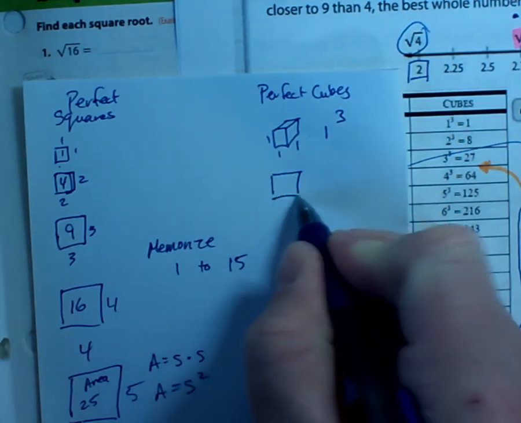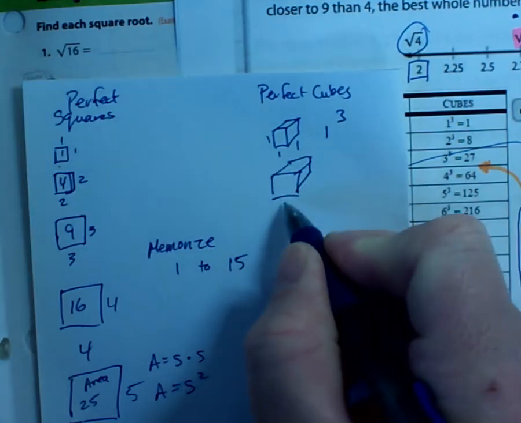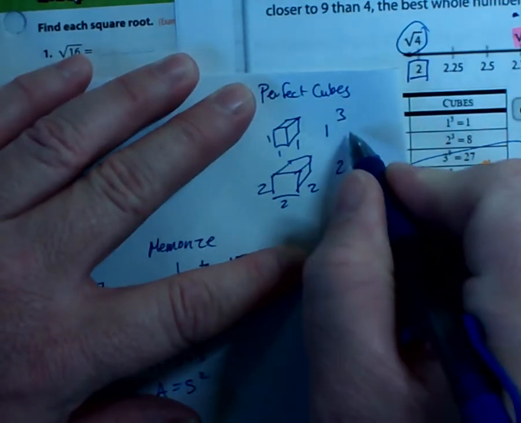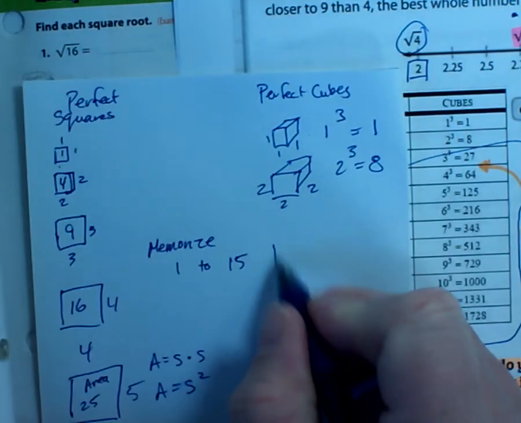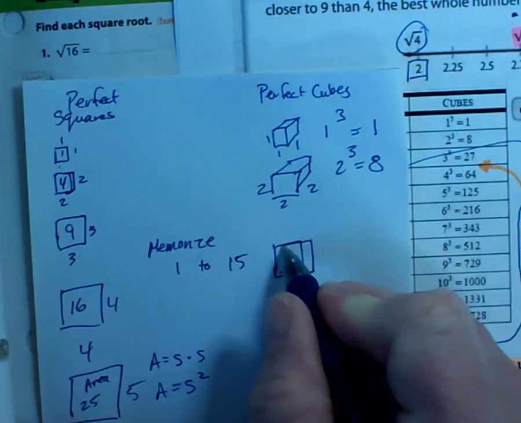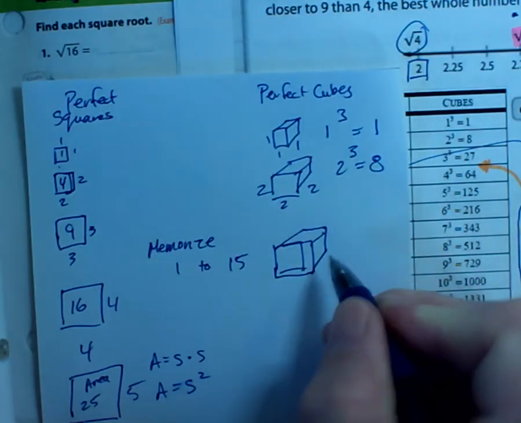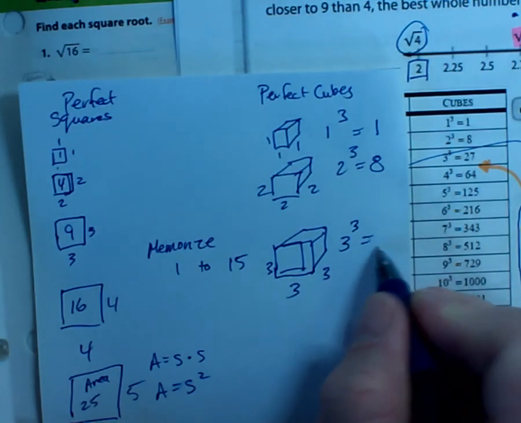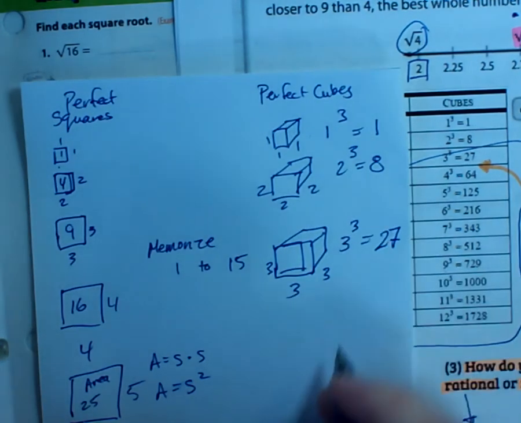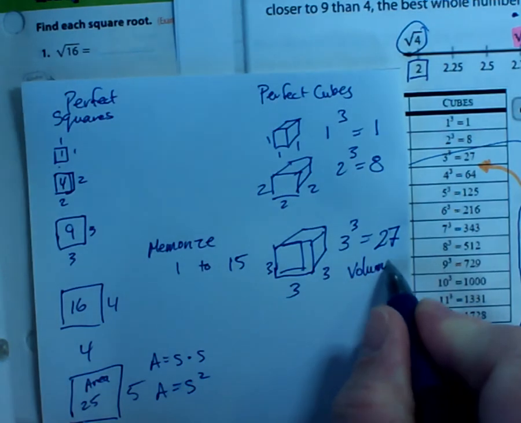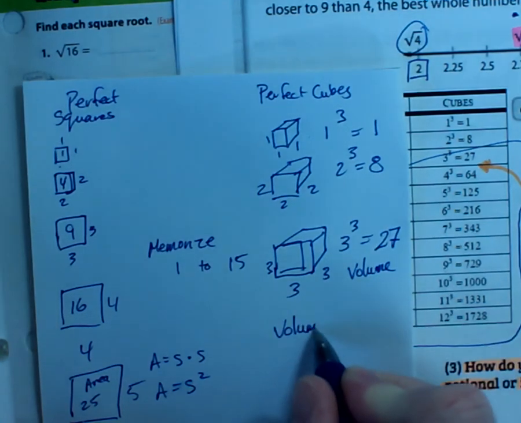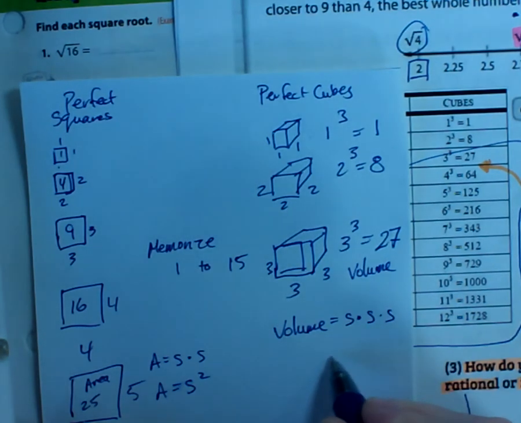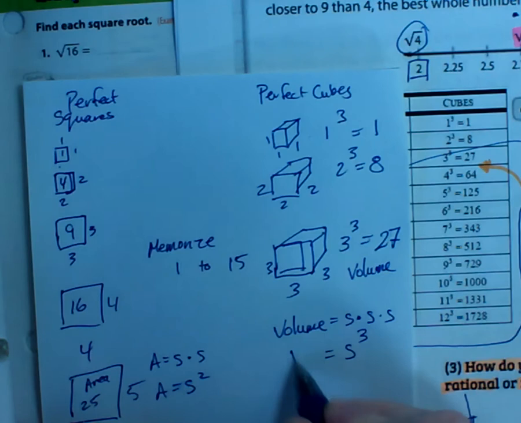We do the same thing for 2: 2 by 2 by 2, 2 cubed is equal to 8. We'll go to 3, a little bigger: 3 by 3 by 3, or 3 cubed, is equal to 27. We call that volume, and the volume of a cube is equal to side times side times side, which is equal to side cubed.